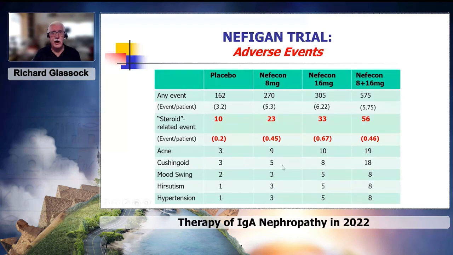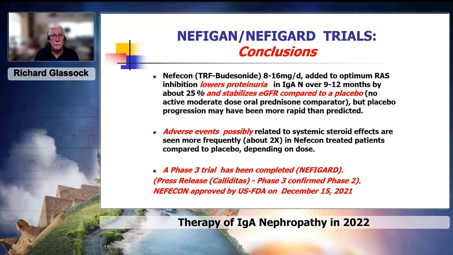There were systemic steroid-related adverse events occurring in about 2 to 3 times that seen in the placebo group. So it's likely that some of the administered budesonide did appear in the systemic circulation. So it's not 100% preventative of steroid-related side effects.